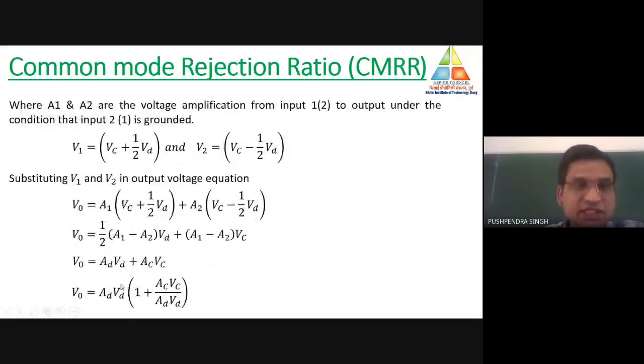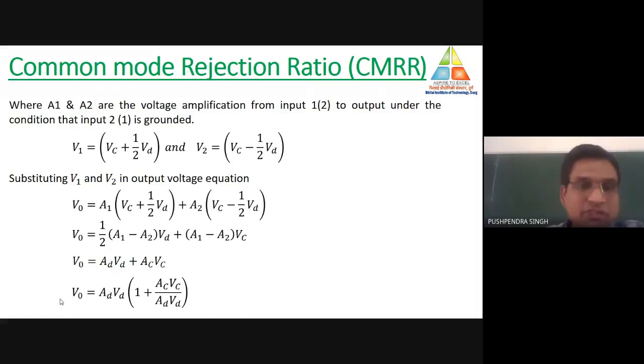So after substituting the values of V1 and V2, the value of output voltage is what? A1 (Vc plus 1 by 2 Vd) plus A2 (Vc minus 1 by 2 Vd). Then after some simplification, the value of output voltage is 1 by 2 (A1 minus A2) into Vd plus (A1 plus A2) into Vc, where (A1 minus A2) divided by 2 is denoted as AD, and AD is the differential mode gain.